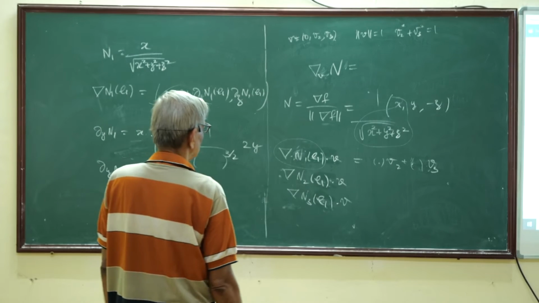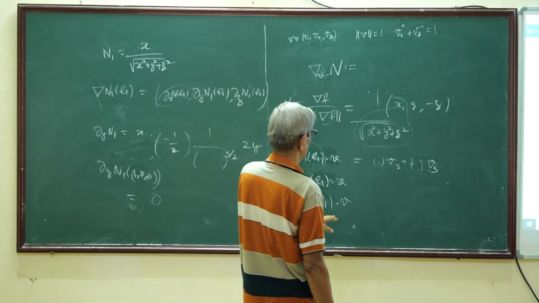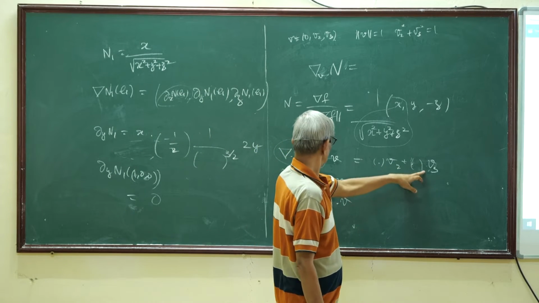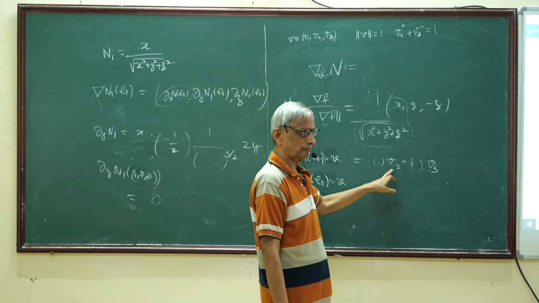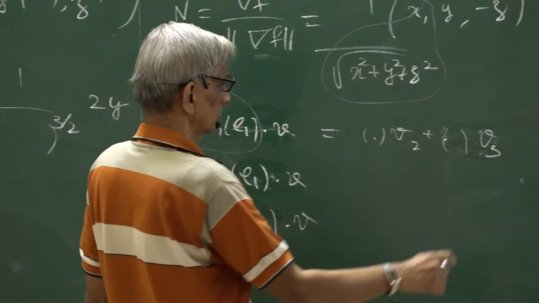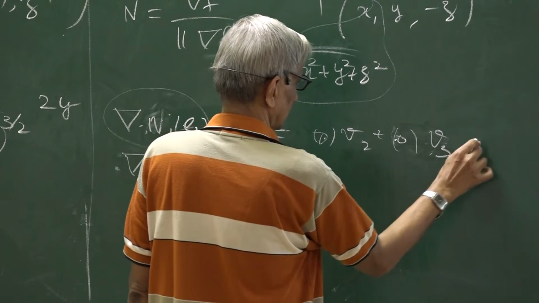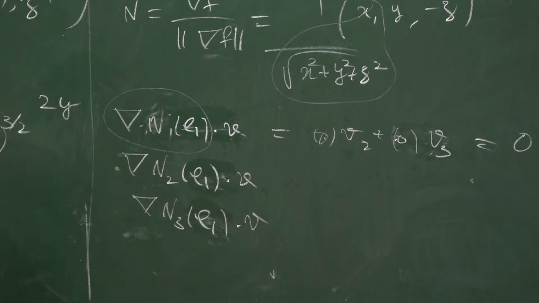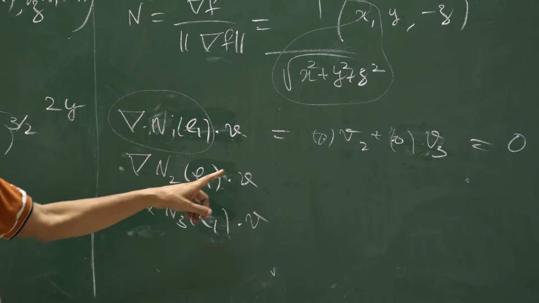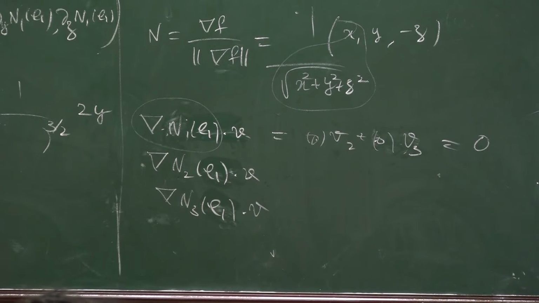So this part is 0, the whole thing, right? What about the next one? The first component is 0. What is the second component?